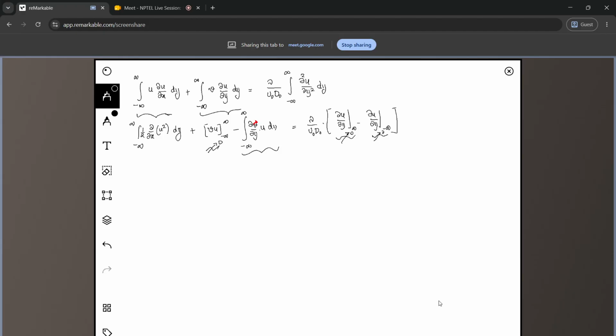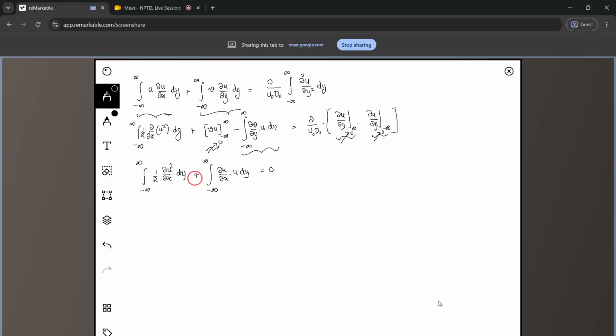And minus del v del y, we can write this as, the first term will remain the same, half del u square del x. And from continuity, we can write minus del v del y as del u del x, times u dy from minus infinity to infinity.